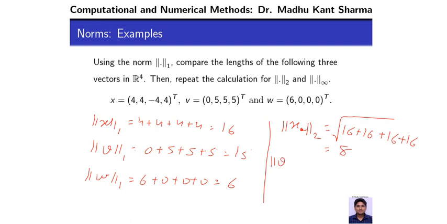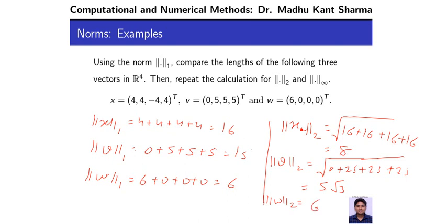Norm of V2 is 0 square plus 25 plus 25 plus 25, so that is 5 root 3. Similarly, the 2 norm of W is the square root of 6 square plus 0 plus 0, so it will be 6.